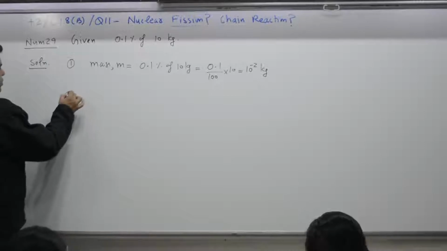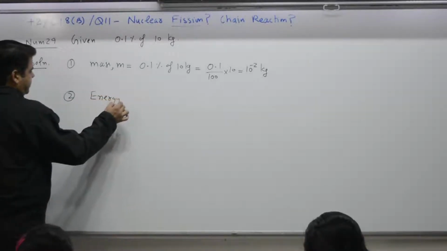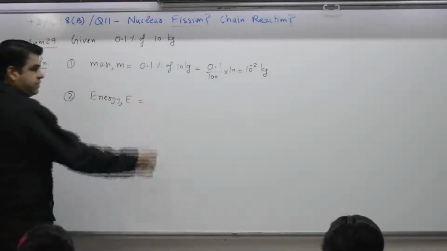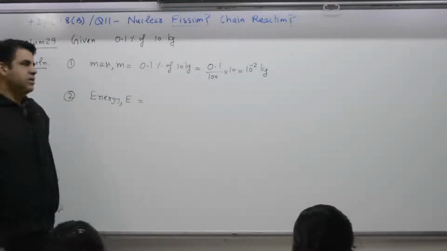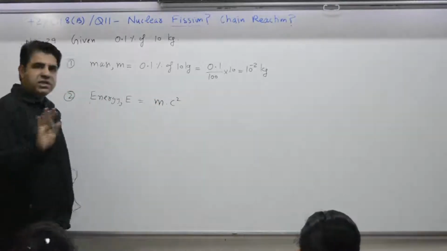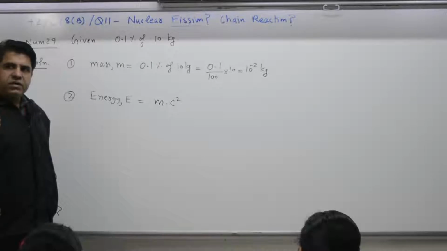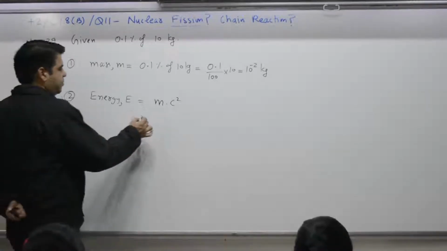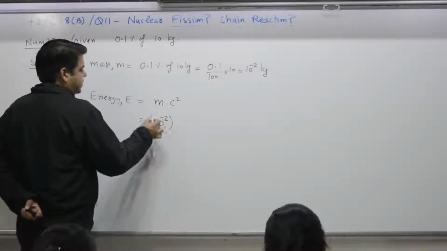Step 2, you want energy E. Formula: mass is converted to energy, so E is equal to mc square. There is no reaction given in this case. The principle is given, 0.1% of the mass will be converted to energy. Mass is 10 raised to power minus 2 kg, SI units.